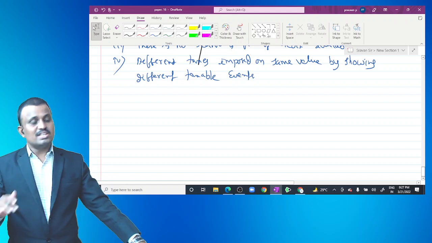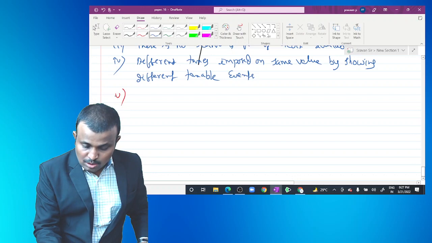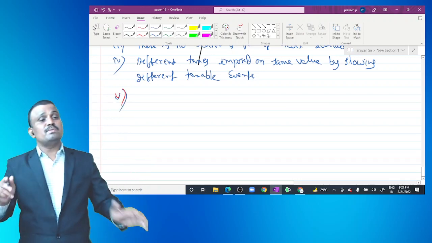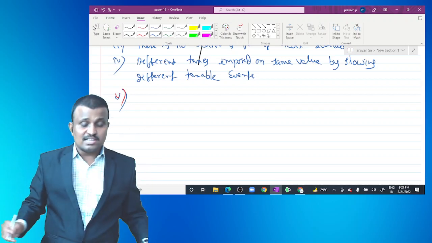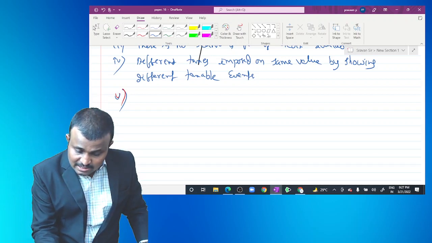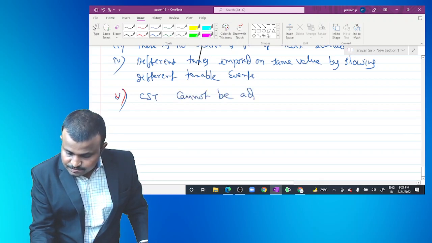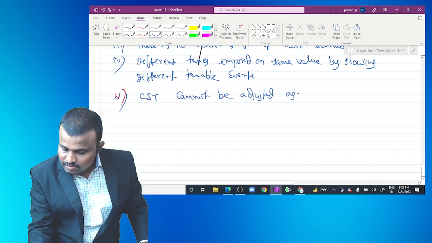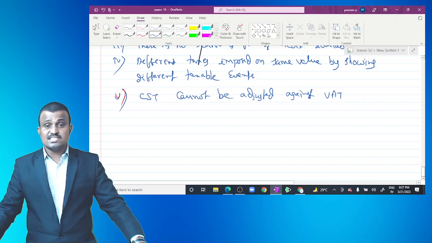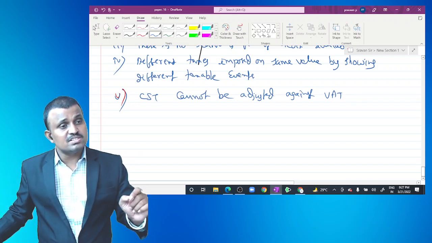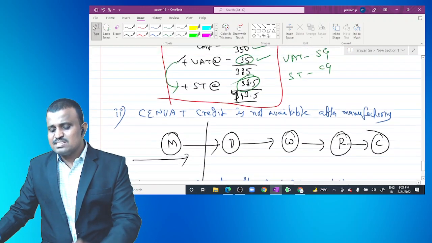And even some taxes are administered by the state government only, so those cannot be adjusted against taxes levied by the central government. CST cannot be adjusted against VAT. Okay. So in this way, there are a number of reasons.